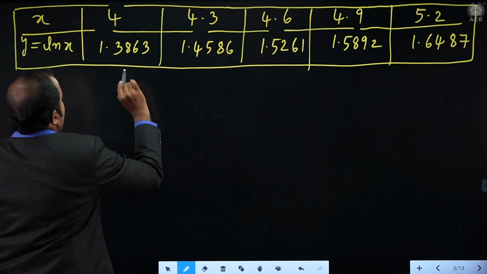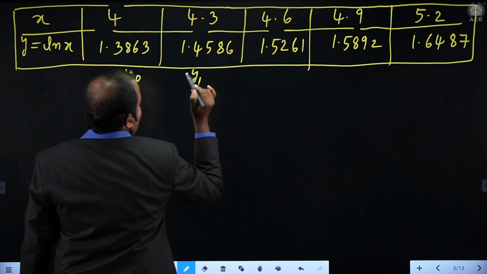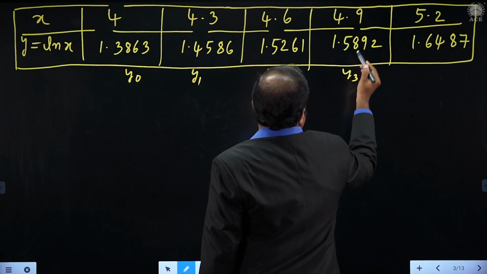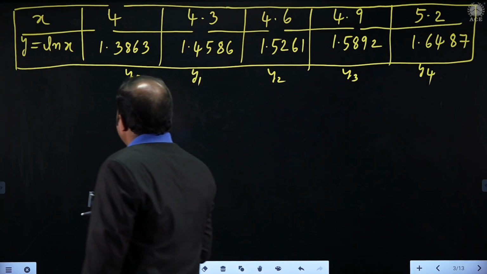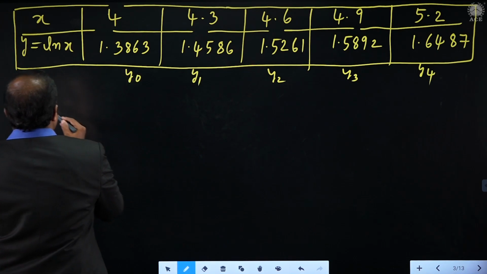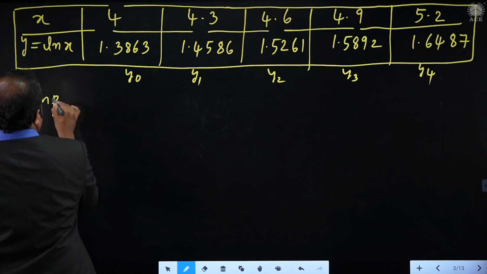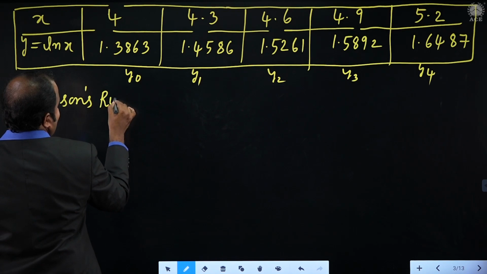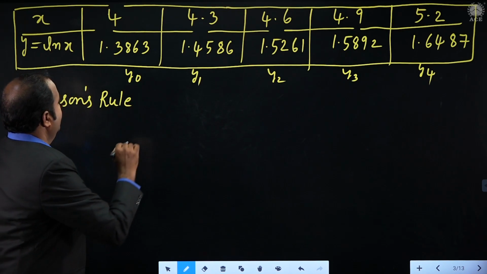This is y0, this is y1, y2, y3, y4. So what is Simpson's one-third rule?